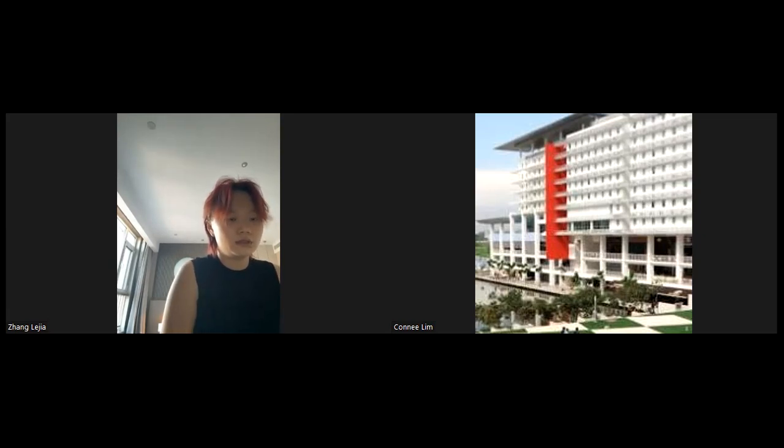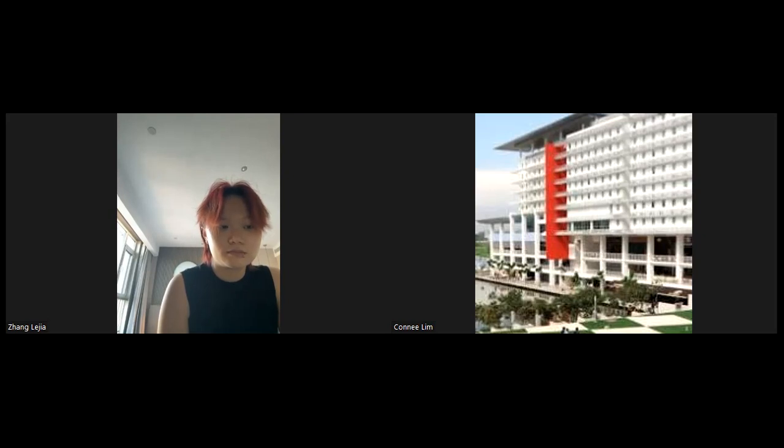Okay, I will attach. I'll put here, dear Lejia, please use this template and edit the necessary. Okay, and then I will send it to you.